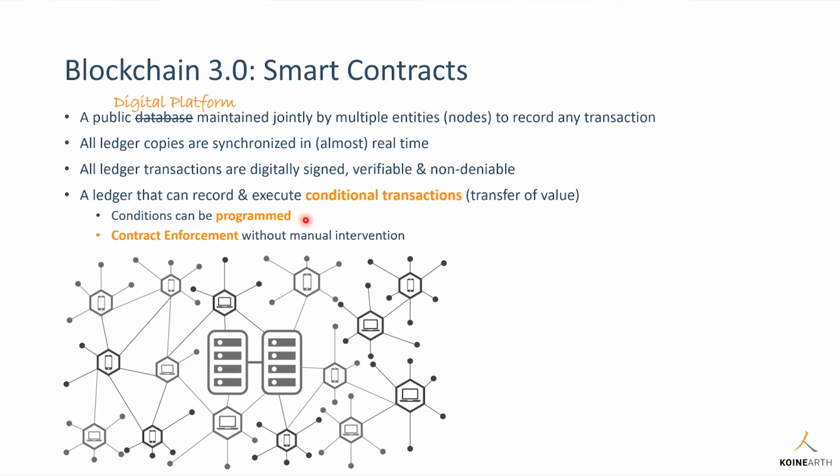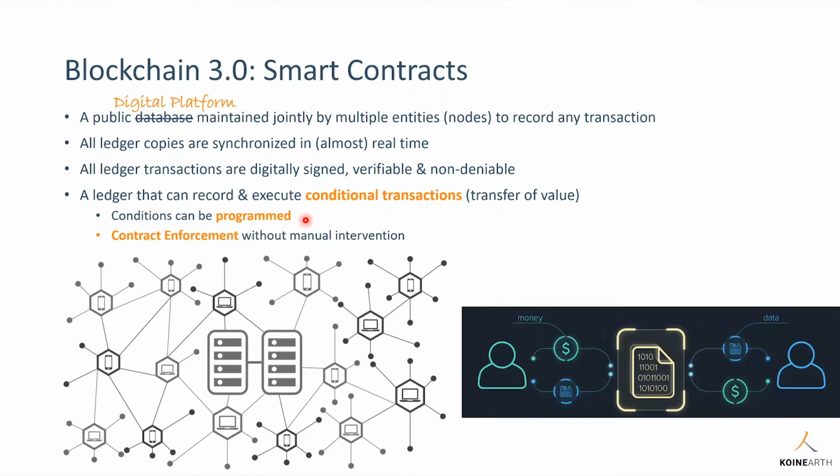That's why in 2015, economists called this the universal computer. What they were talking about is here was a technology where you could have contract enforcement without manual intervention because the conditions of the contracts could be programmed in. And once they were programmed in and stored on this public digital platform, they were guaranteed to execute. This is what you would see when people are talking about trust in public blockchains.